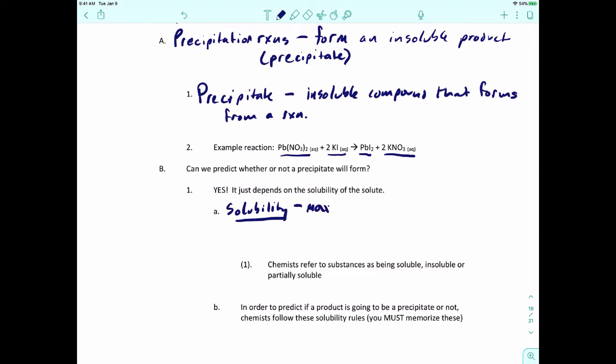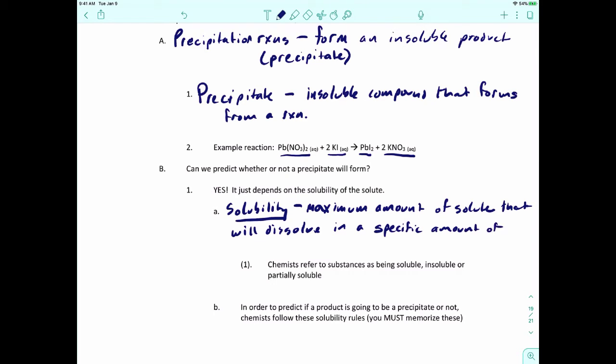So this is the maximum amount of solute that will dissolve in a specific amount of solvent at a given temperature. Okay, now chemists usually refer to substances being soluble, insoluble, or partially soluble.